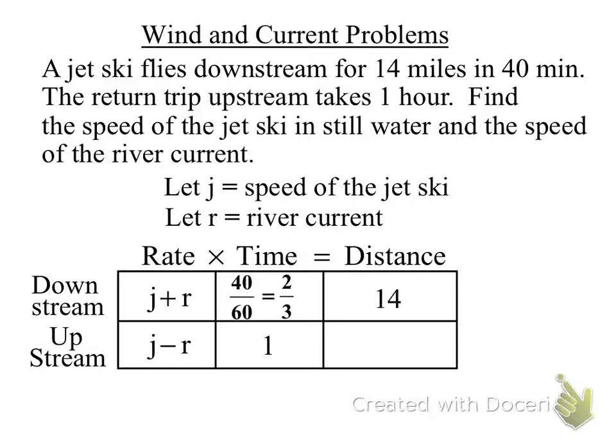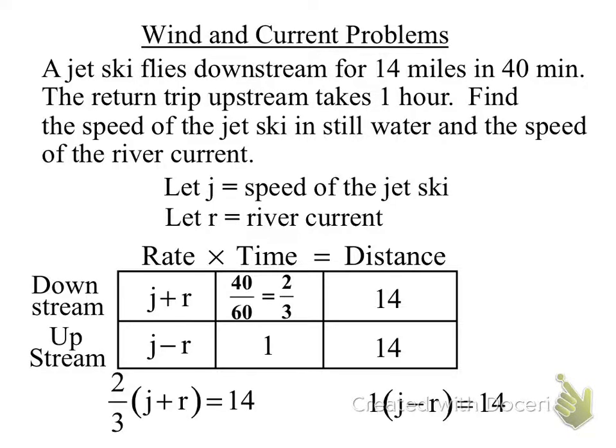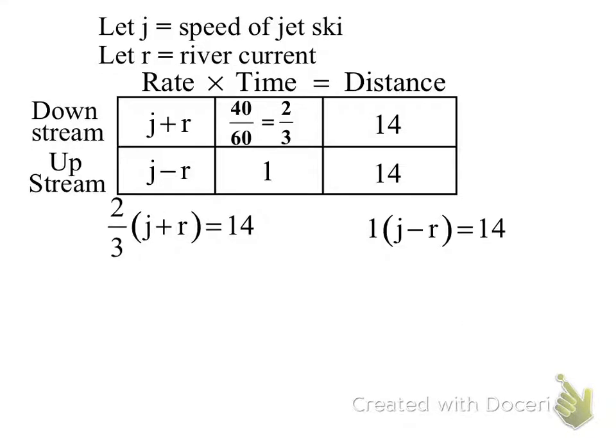And the other one is J minus R. Now right away, I'm going to clear my fraction. So I'm multiplying by 3/2. That becomes J plus R equals 21. The other one is J minus R equals 14.